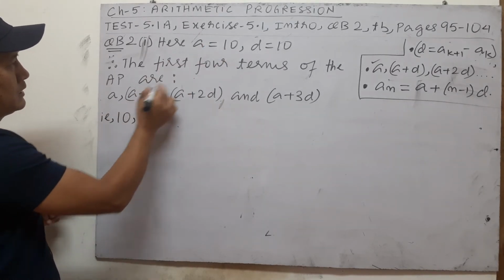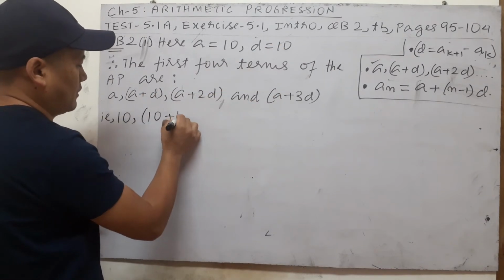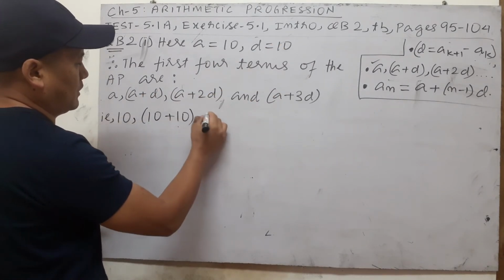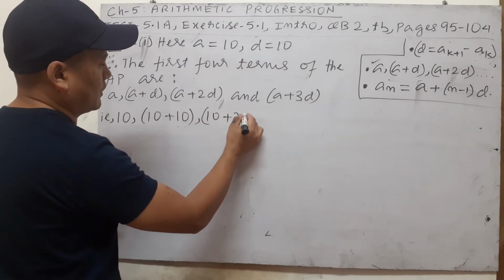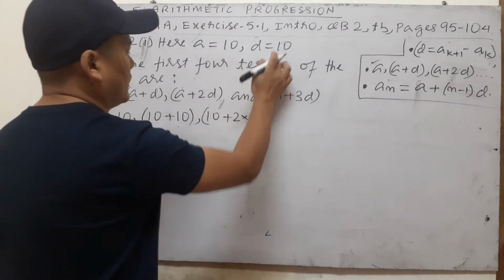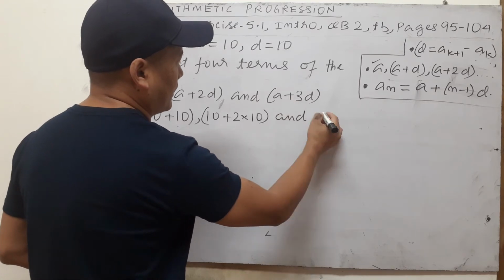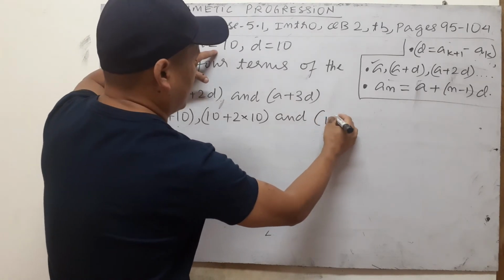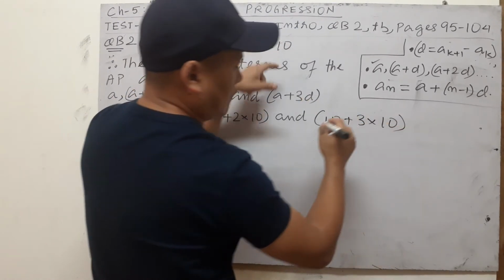Second term, a is 10 plus d is also 10, comma, and here a 10 plus 2 into d, d is again 10, and finally a is 10 plus 3 into d, again 10.